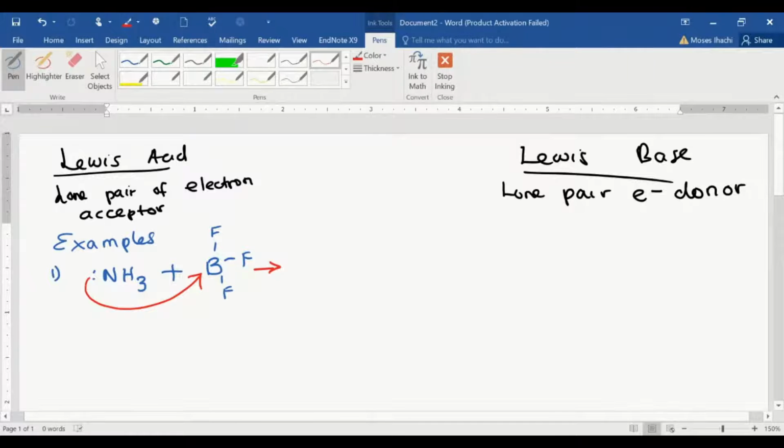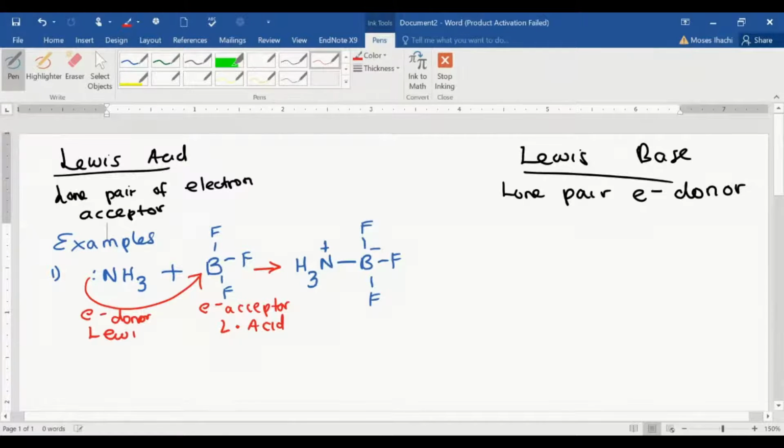If this happens, where the boron is an electron acceptor, it means it's a Lewis acid. This is the product you will get. The ammonia will be attached to the boron structure. Ammonia will get a positive charge, the nitrogen gets a positive charge, boron a negative charge. That's the product. So if ammonia donated the electrons, it's an electron pair donor, and it's the Lewis base. Remember the BF3 will be the Lewis acid.